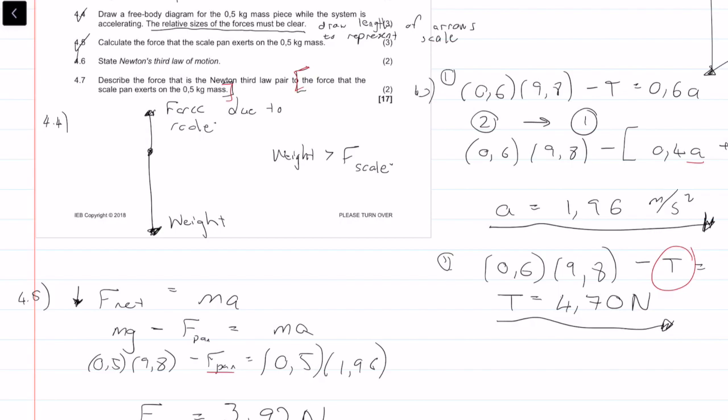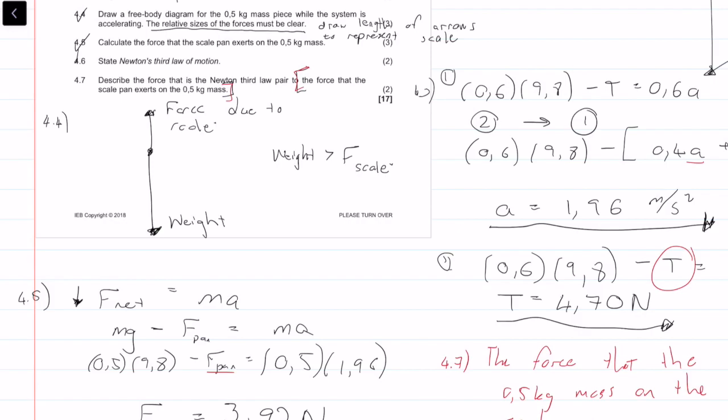So the reaction to that is going to be the force that the 0.5 kilogram mass exerts on the scale pan.